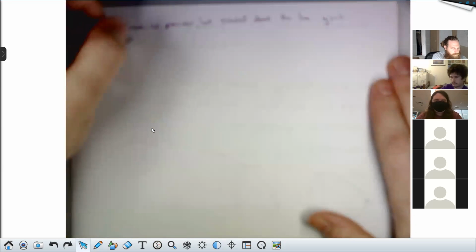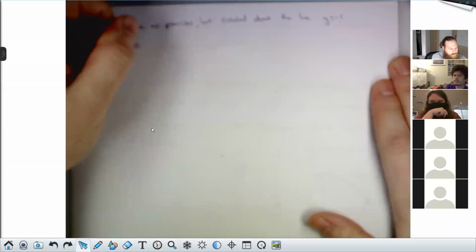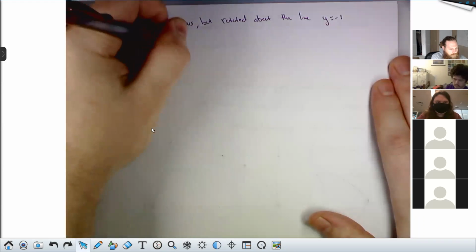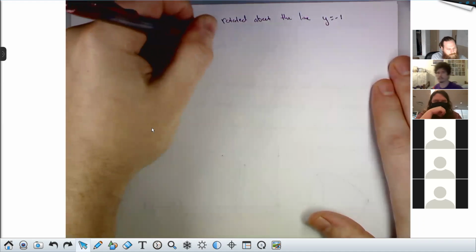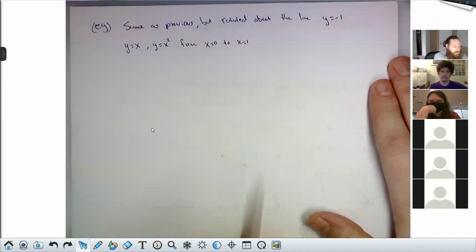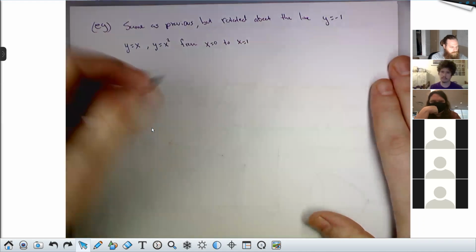By the same as previous, I mean my boundary curves are still y equals x and y equals x squared from x equals 0 to x equals 1. But now our axis of rotation has changed.